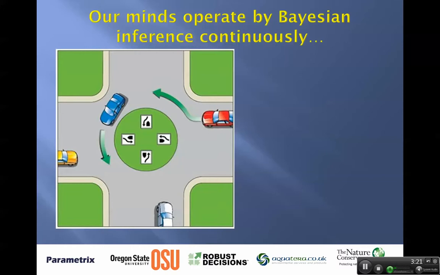Maybe you're even looking at other details. You see a little tuft of blue hair sticking above the steering wheel of the red car. It's a very old lady. You're not sure what she's going to do, but she's going very slowly. The person in the yellow car is texting, not watching at all. So you factor these in: the red lady's going to be slow, the yellow person's not going to have any clue, and you can't really see the person in the blue car.